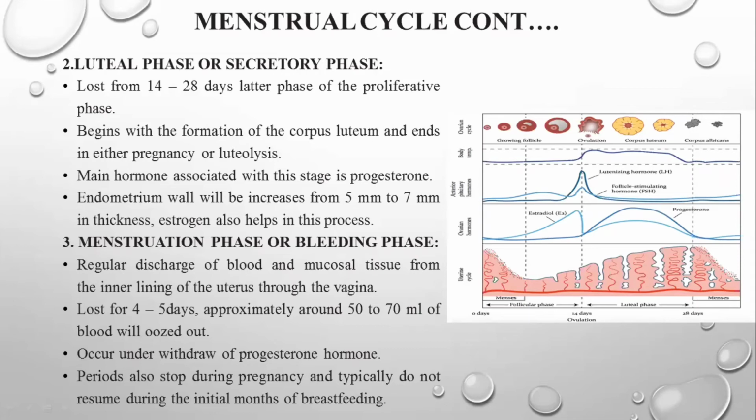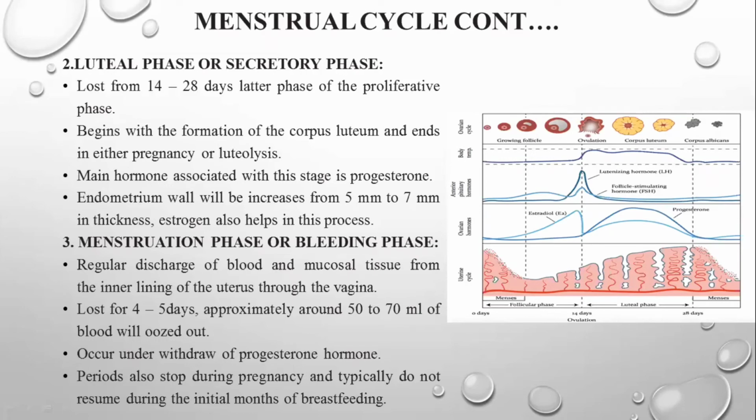In case the secondary oocyte is not fertilized by the sperm, luteolysis occurs, where the corpus luteum is disintegrated, whereas the secondary oocyte reaches the uterus and waits for 2 to 3 days.